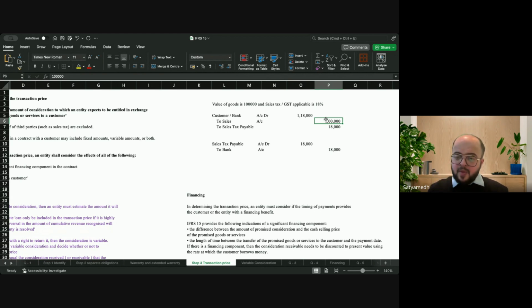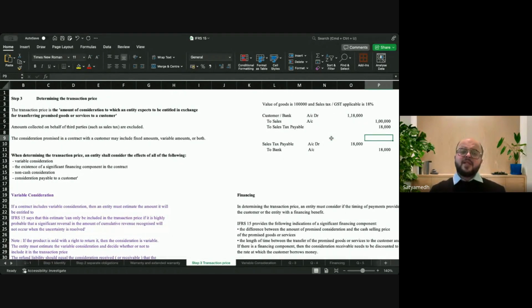Okay, 18,000 is my GST, and the reason why 18,000 is not included in my revenue is that this 18,000 is an amount collected on behalf of the government. This amount does not belong to me, hence it is not included in my revenue. I collect 18,000 from my customer and I deposit that 18,000 with the government as per my due date.